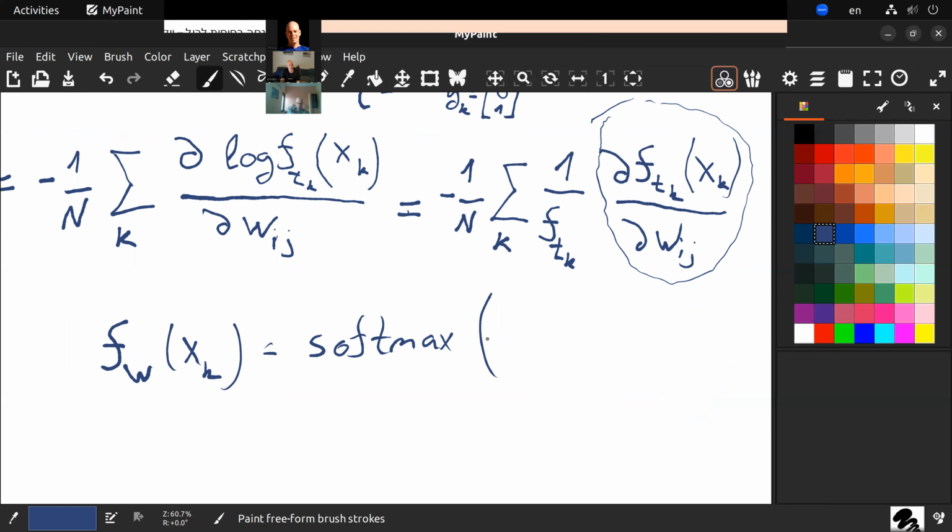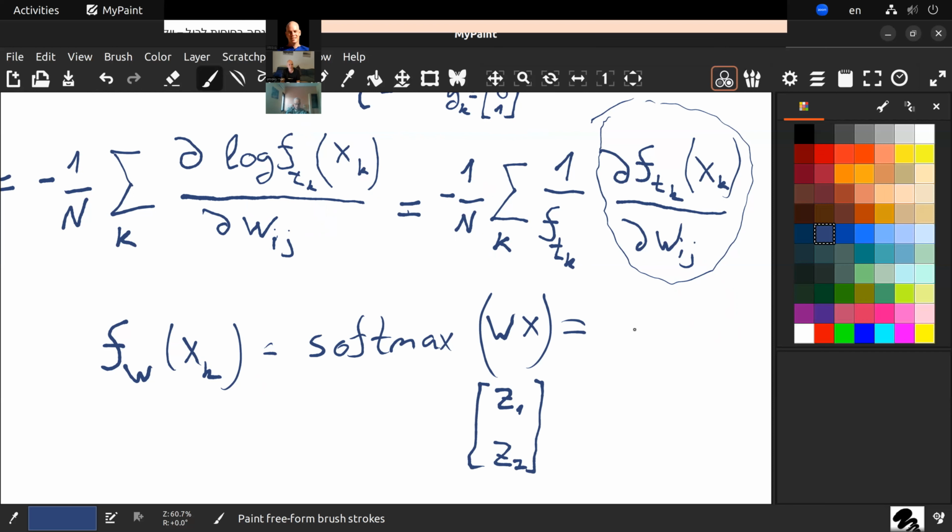Of w x. Let's call this vector z1, z2. And what is the softmax?